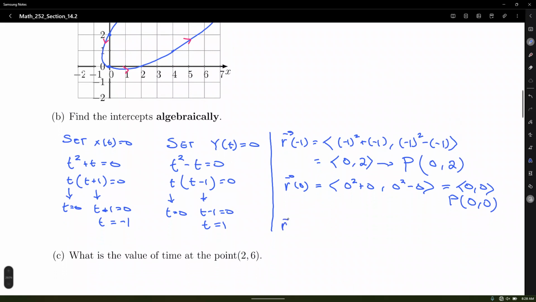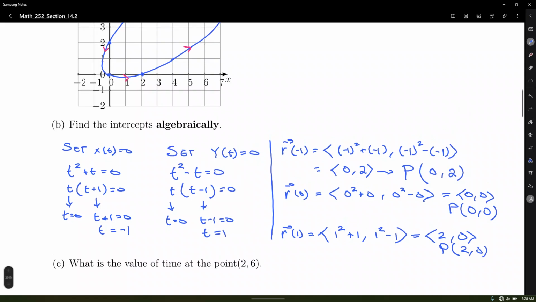That is, r of 1 equals 1 squared plus 1, 1 squared minus 1. That is 1 plus 1, which equals 2, and 1 minus 1, which is 0. That is the point (2, 0), which is this point right there. So we just verified everything here algebraically.